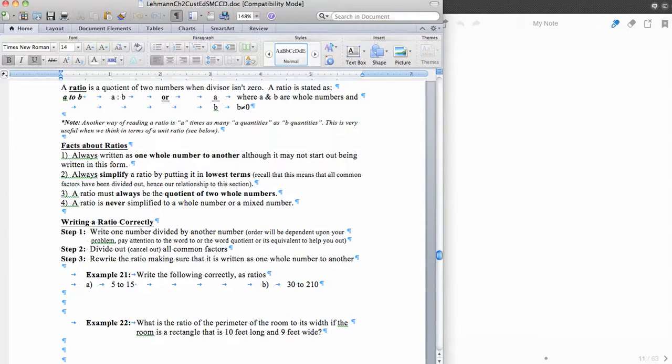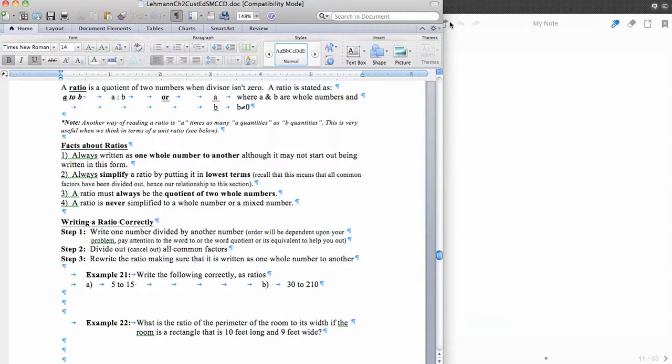We do sometimes think that would be okay, but we want to make sure that we don't do that. The next thing is we want to write a ratio correctly. So we write it as one number divided by another number, then we divide out all the common factors, and then we rewrite it, making sure that it's written as one whole number to another.